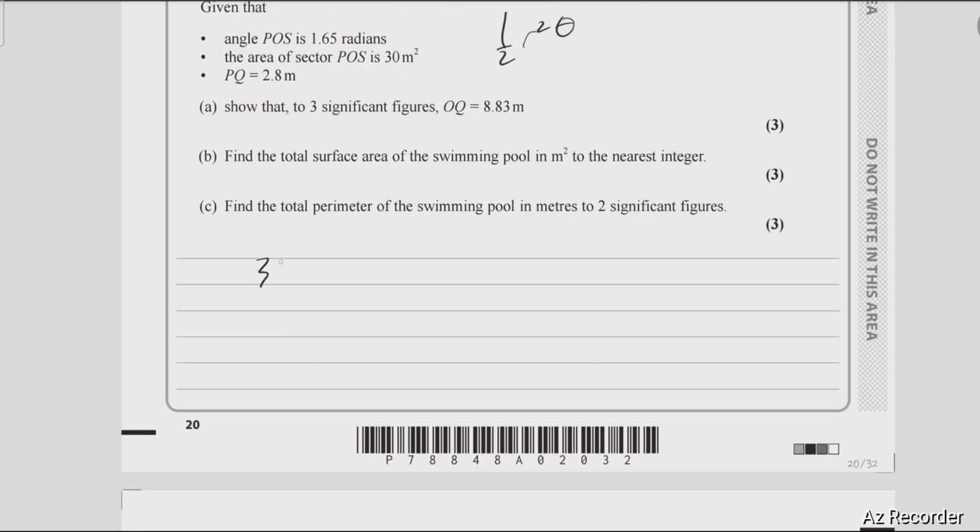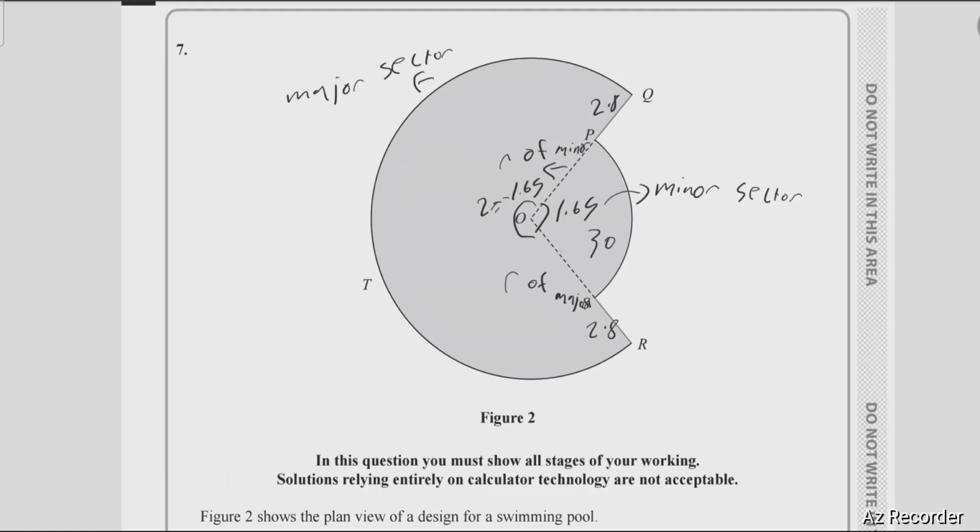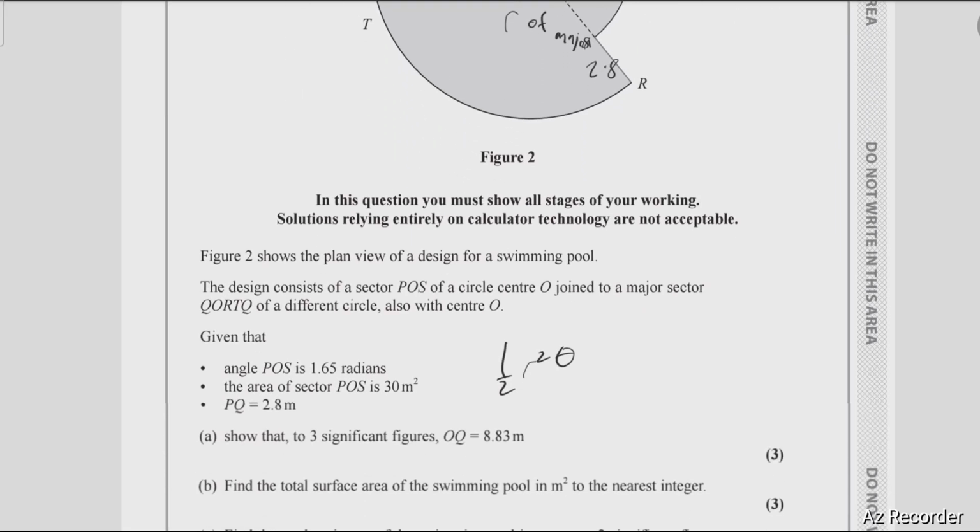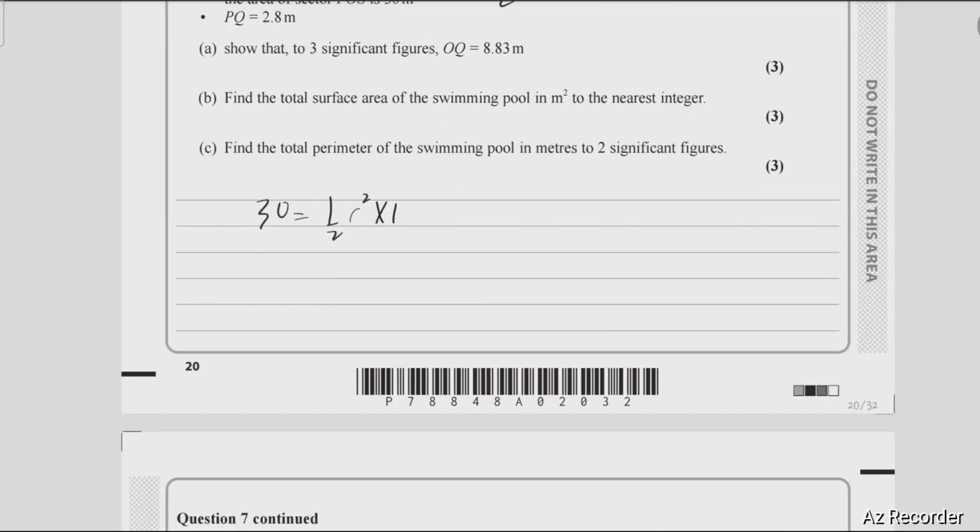So 30 equals half. We don't know the r. We need to find the r plus 2.8, which is equal to the whole line. Half r squared times 1.65, that's the angle. So r equals the square root of 30 times 2 over 1.65, which is 6.03.